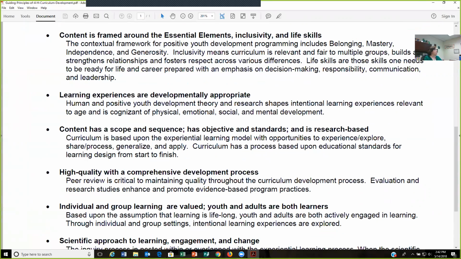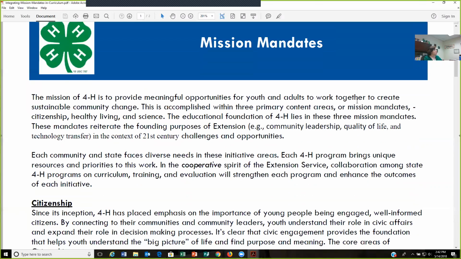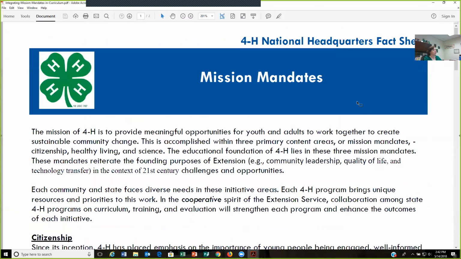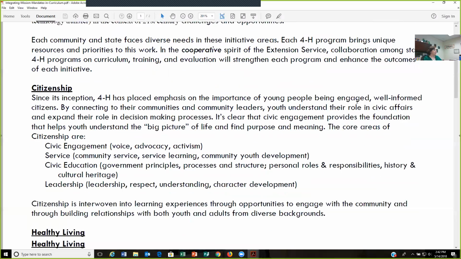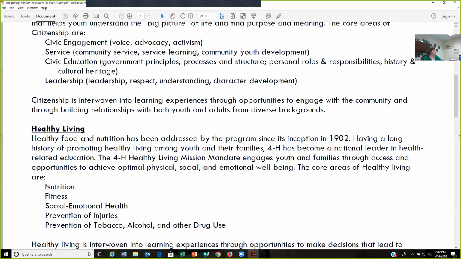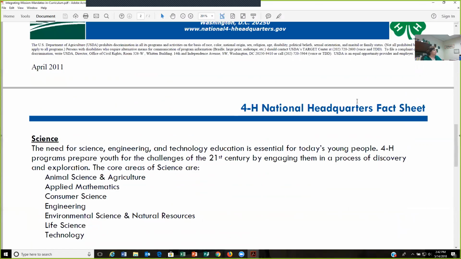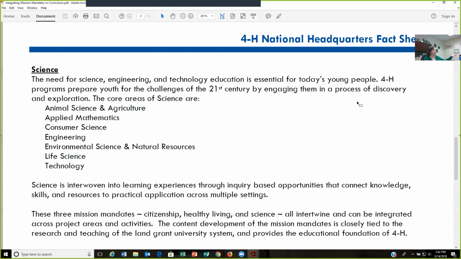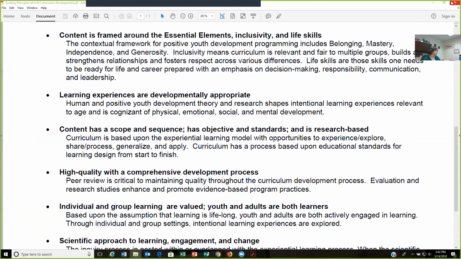This one is on mission mandates, how to integrate mission mandates into curriculum. Here are the examples. Sorry, I'm going fast scrolling through it, but you can see where you can use those.